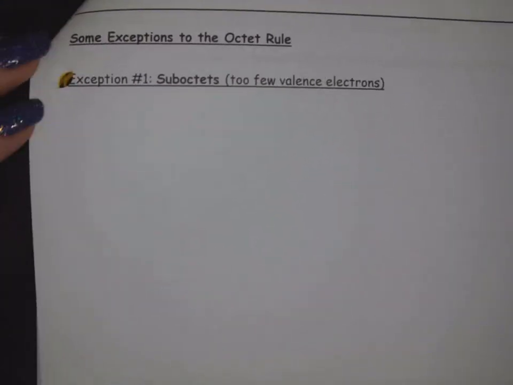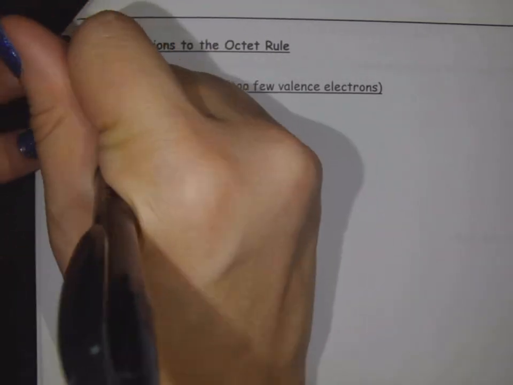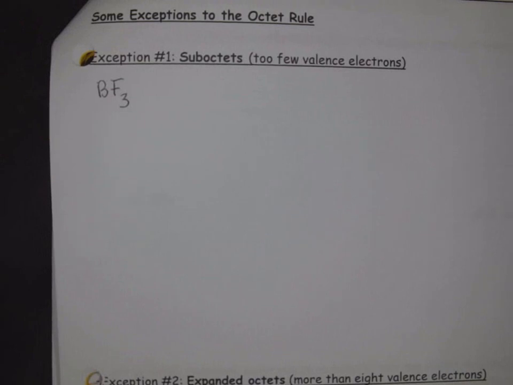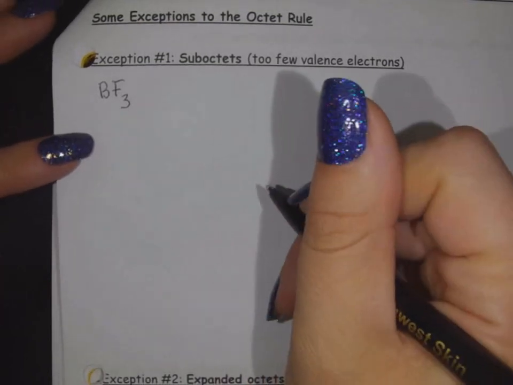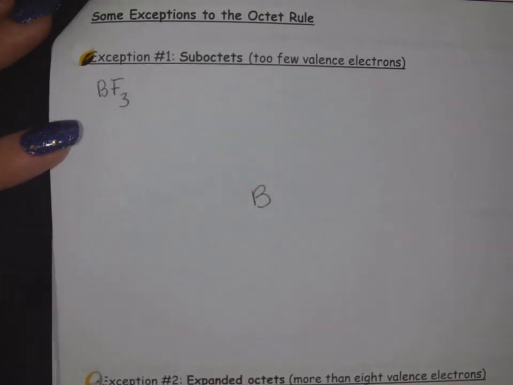So here's one that I see quite a bit. What if I want to do the Lewis dot structure for boron trifluoride? Okay? I know that nature tends towards symmetry, so I'm going to put boron in the middle here, and our fluorines are going to be on the outside.